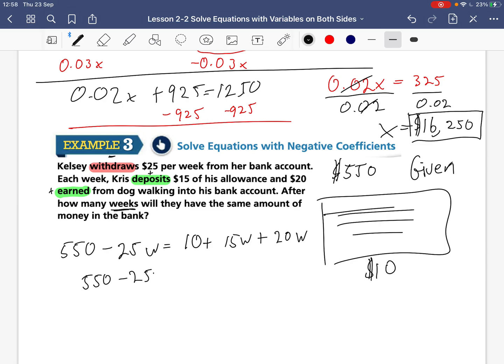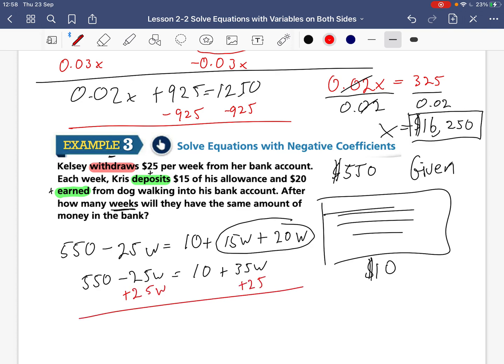550 minus 25W equals 10 plus 35W. We will combine our like terms first. Then we will move our lighter load, which is 25W. So we get 550 equals 10 plus 60W.